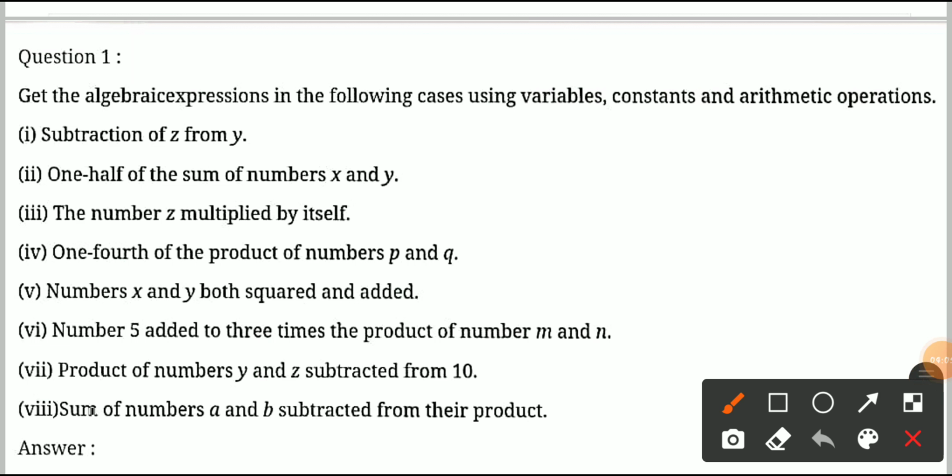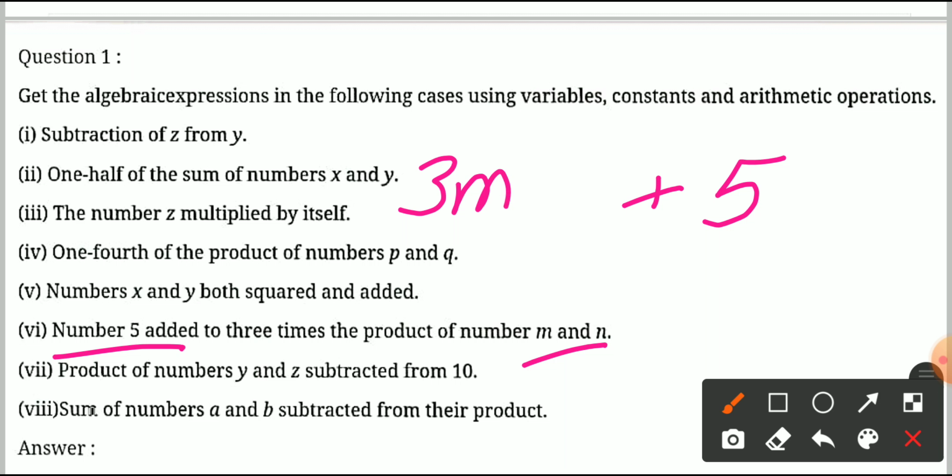Next, number 5 added to 3 times the product of number m and n. Number 5 is added to. In added to, it means we have added with someone. 3 times the product, 3 times means 3 multiply by product of m and n. 3 multiply by m multiply by n equals 3mn.